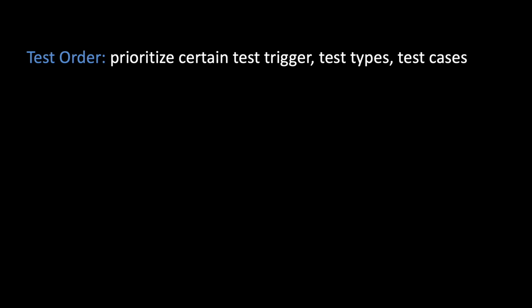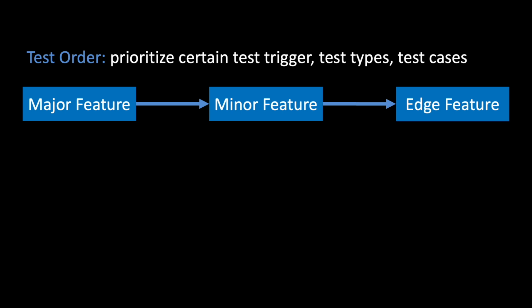And within a set of planned test cases, it also makes sense to order them strategically. So in general, it makes sense to test from general or major features to specific or minor features.